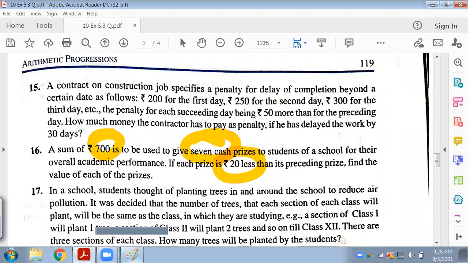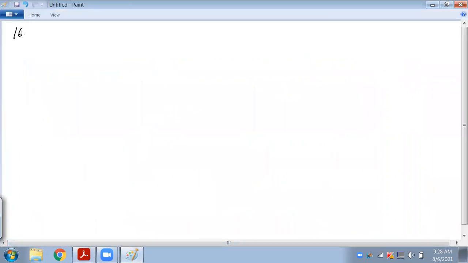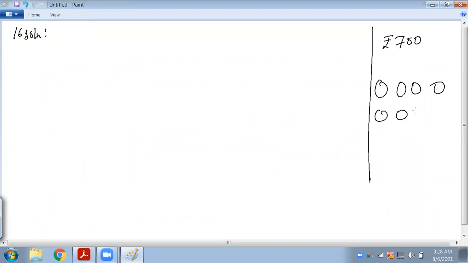So here 700 will be treated as the sum. We are using these 700 rupees to give away 7 prizes.